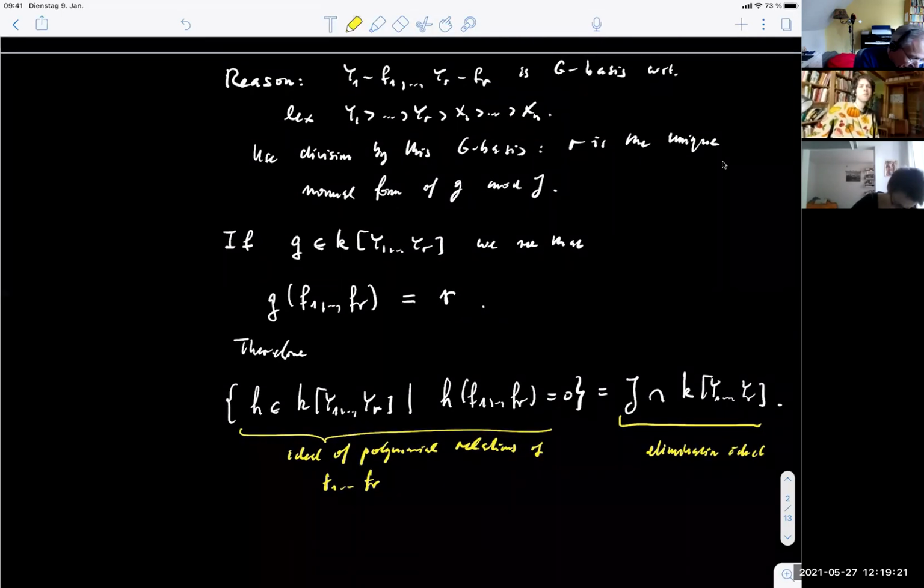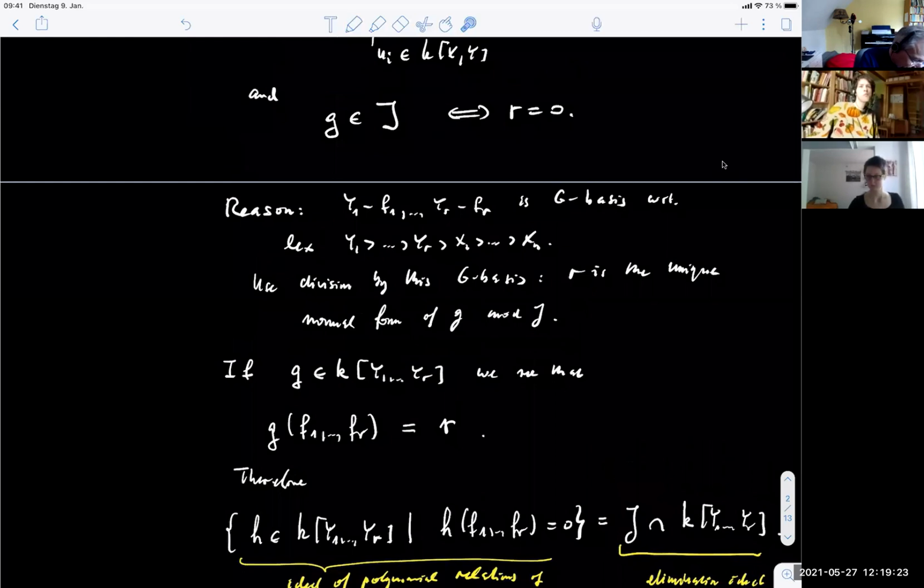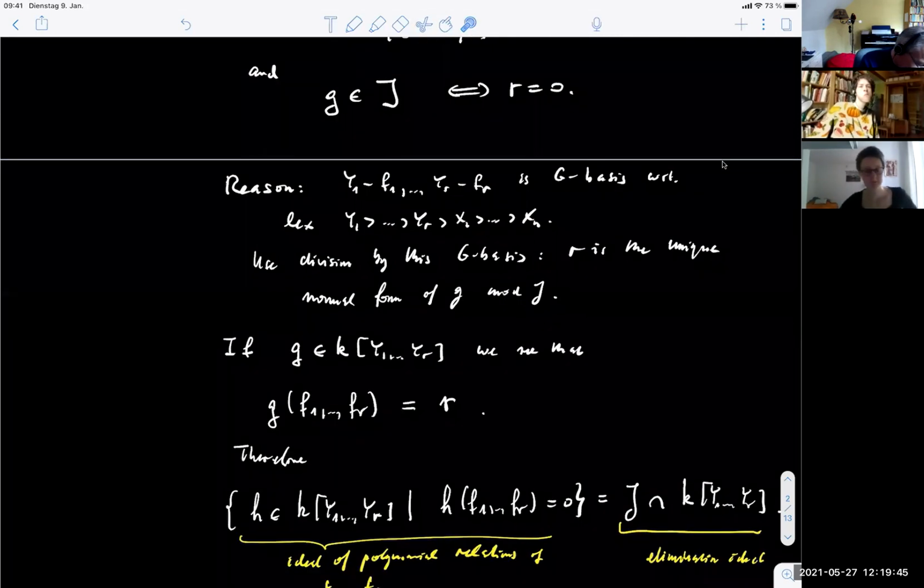Namely, let me just again go through it. Maybe it's confusing before. I said the polynomial is called G, and now say it's H. The G is now H, because G was for a general polynomial in X and Y variables, H is only in the Y variables. But what we have, now this H, when I plug in the F's, is just this normal form.